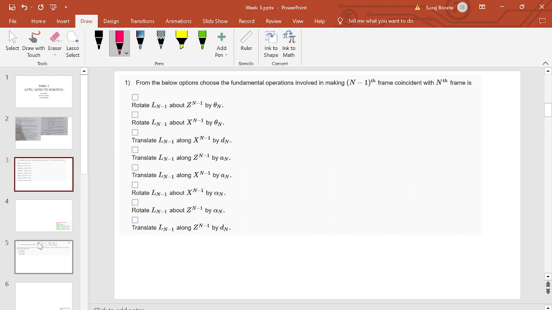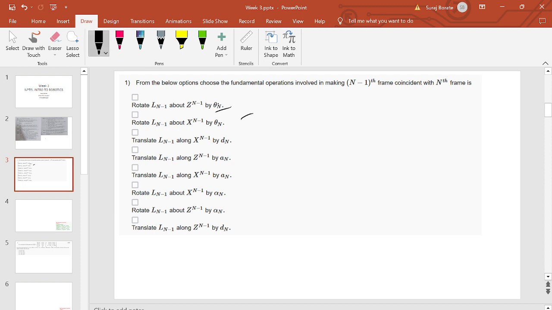And we remember from what I just said that theta is the angle rotated about the z axis, not about the x axis. So you just see here that theta n is there. Oh, it's not writing.